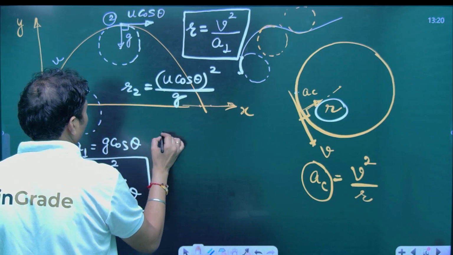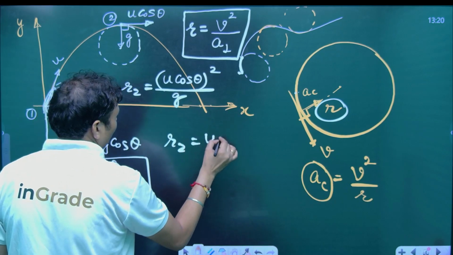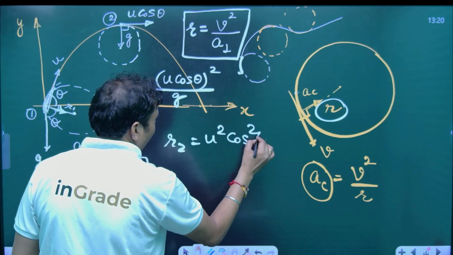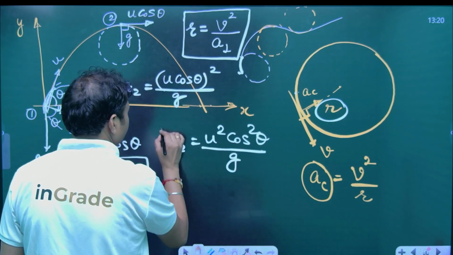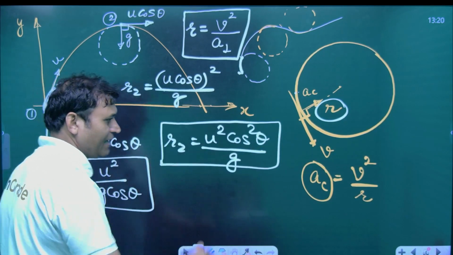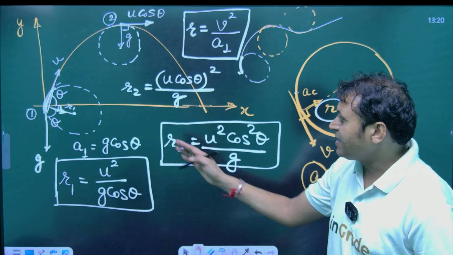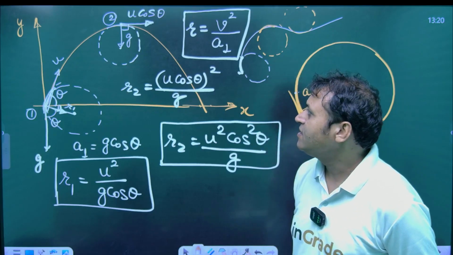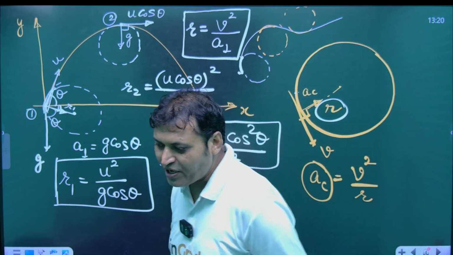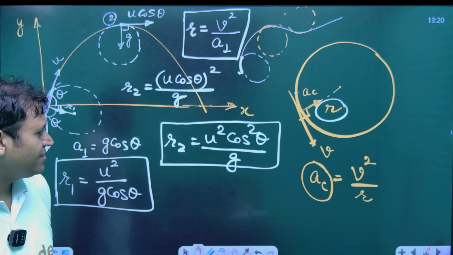So r2 will be equal to u square cos square theta by g. These are the radius of curvature at the initial point as well as the point of maximum height.